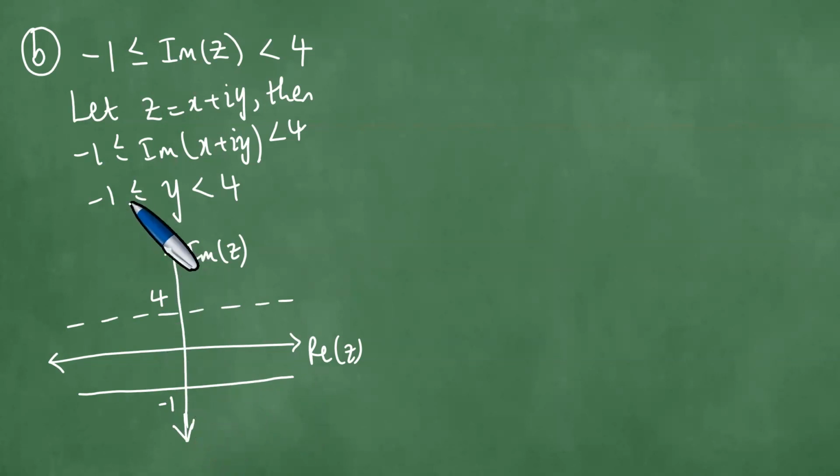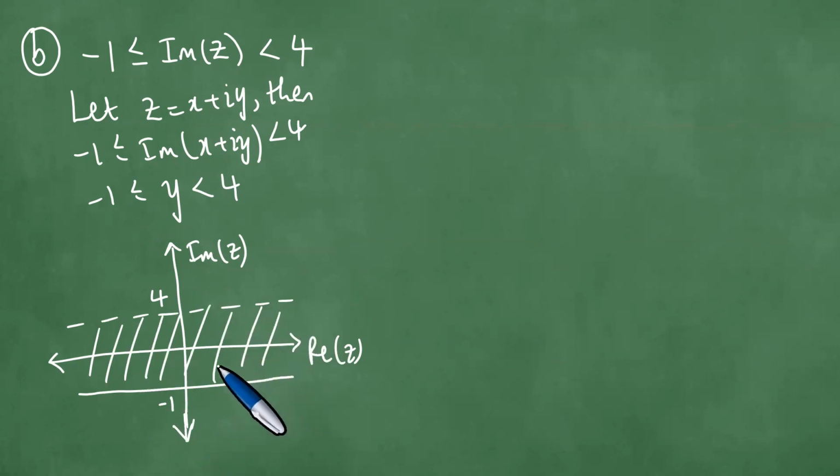Now we're looking at the region between them, so we're going to shade the region that is between the two. There are a couple of questions you need to answer, like the openness.